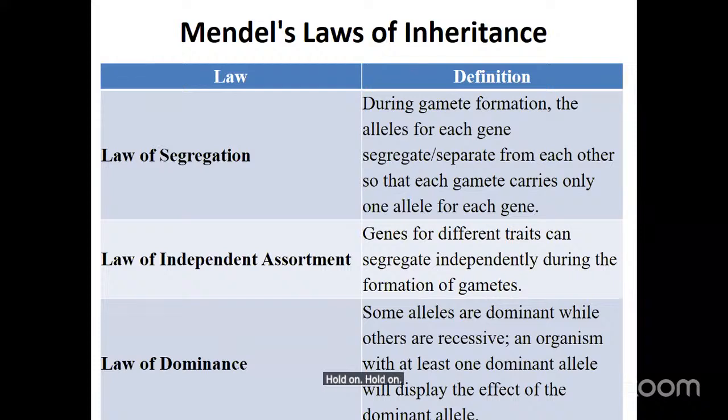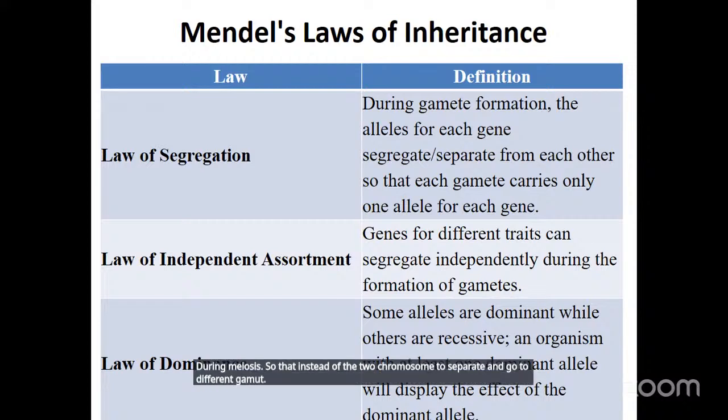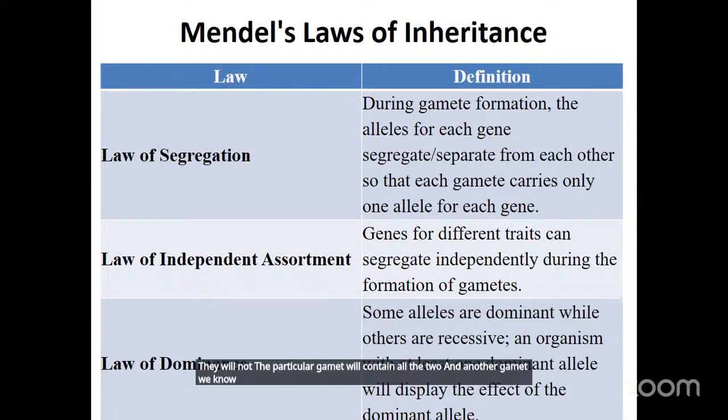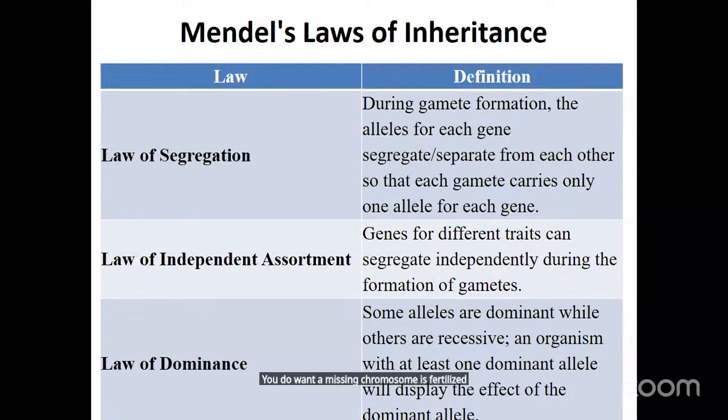Turner syndrome is as a result of non-disjunction during meiosis, so that instead of the two chromosomes separating and going to different gametes, they will not. So a particular gamete will contain both, and another gamete will not have any. So if the gamete with the missing chromosome is fertilized by, maybe, the X sperm of the man, that means a female will result.